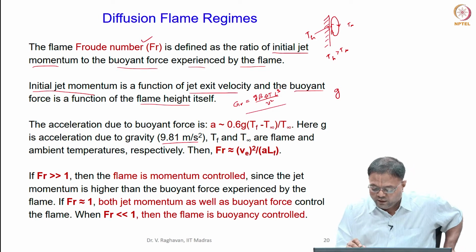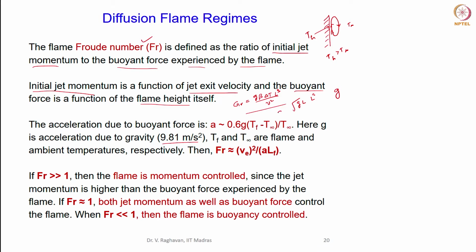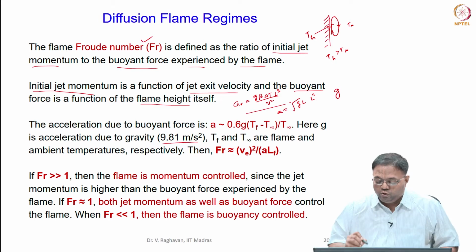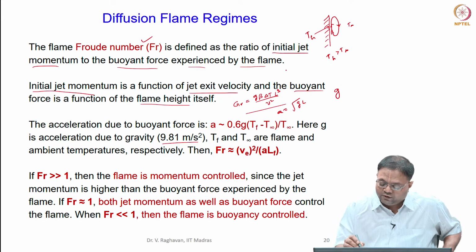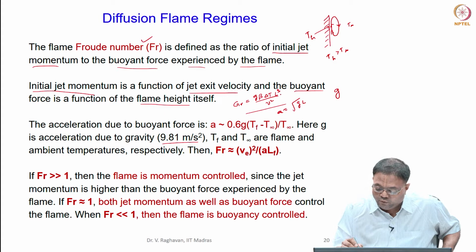For example, if you take this g into L, then L squared. We can say root of gL will be the velocity term. If you take the root of the Grashof number, this L cubed can be written as L squared into L, and g into L can be written here.